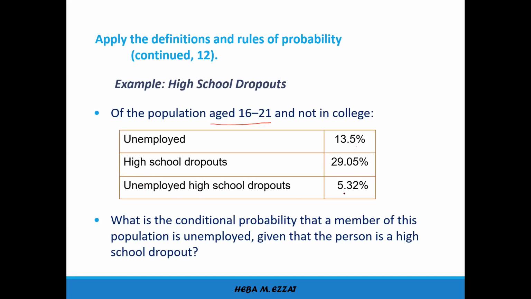Okay, this is the percent of them. And the question needs to know what is the conditional probability that a member of this population is unemployed, given that, so we want to calculate the probability of unemployed, given that the person is a high school dropout.